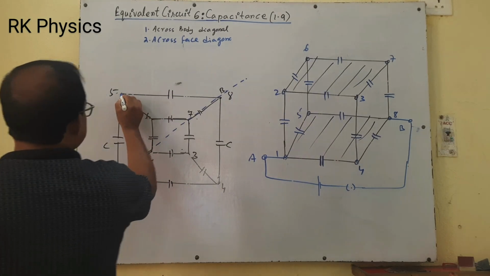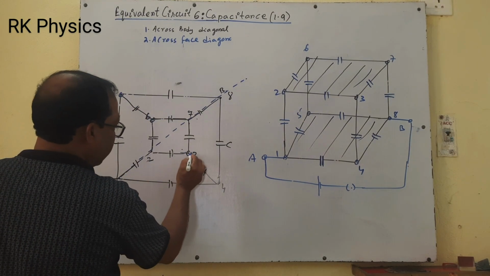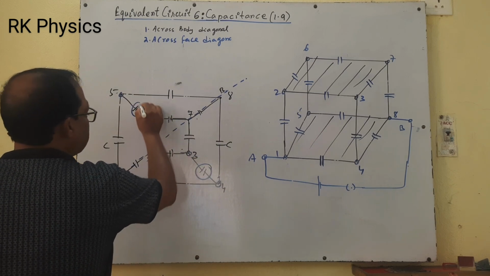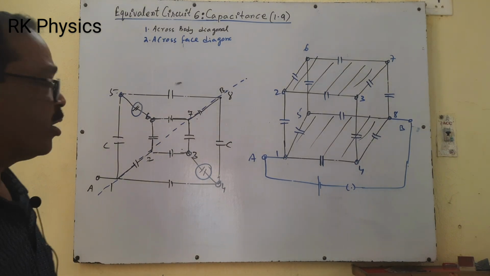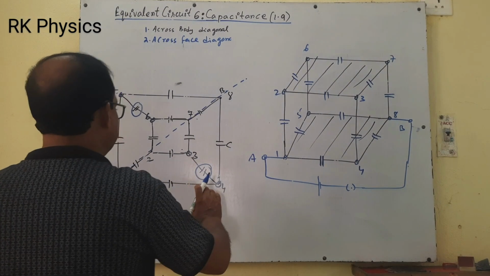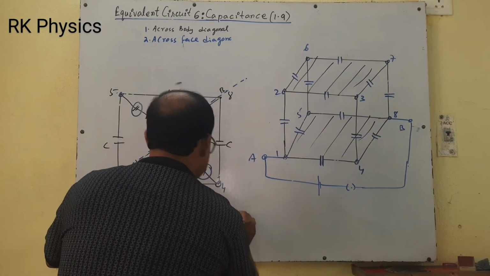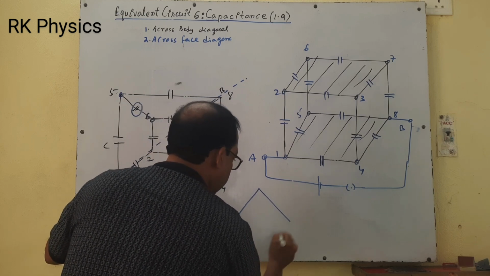That means potential across 5 and 6 remains the same. Potential across 3 and 4 remains the same. Therefore, these two capacitors are not used. If they are not used, I am taking this diagonal like this. I am drawing a small diagram.